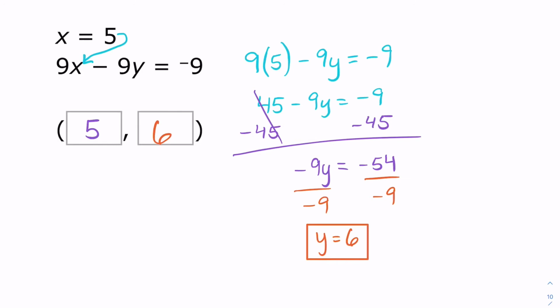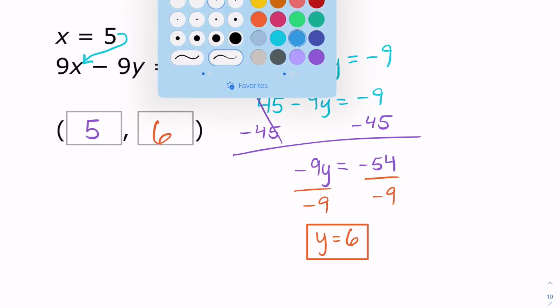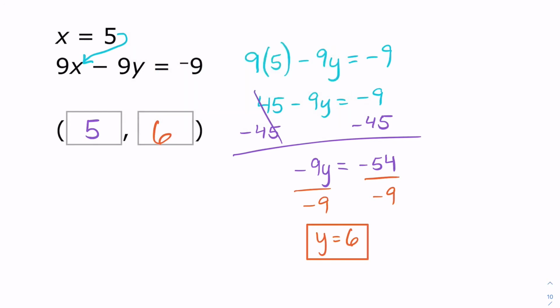So if I evaluate this, I get 9 times 5 is 45, 9 times 6 is 54, and 45 minus 54 is actually -9. So I'm just finding what combination x and y work. If this was on a graph, you could graph both of these, and you would still get the intersection of 5, 6.